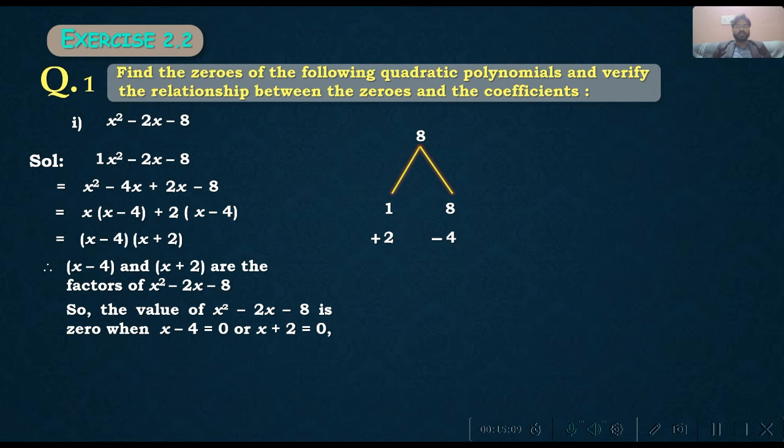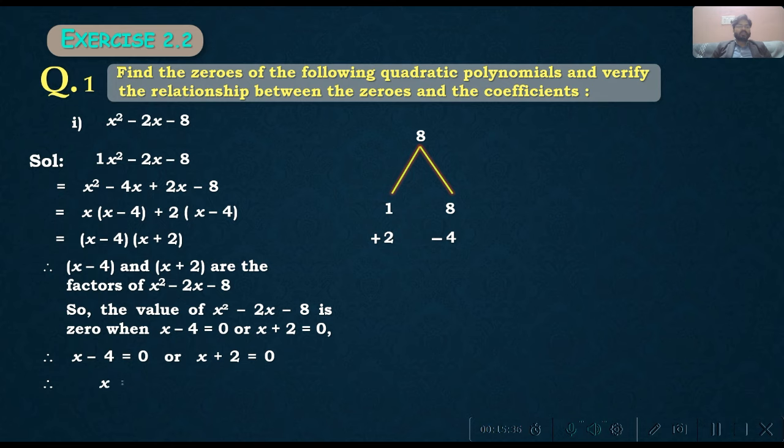The value of x square minus 2x minus 8 is 0 when x minus 4 is equal to 0 or x plus 2 is equal to 0. Now x minus 4 is equal to 0 or x plus 2 is equal to 0.